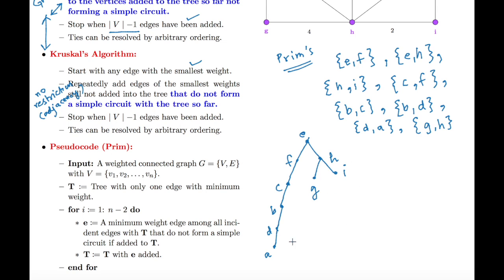Okay, so this is my graph, and then I can put the corresponding weights here. So this is my graph, which is actually a spanning tree, which has the minimum weight here.